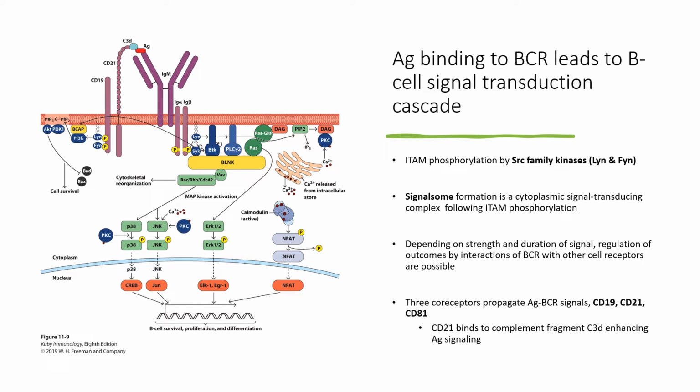It is complex. There are at least 3 families of tyrosine kinases that are involved in these processes: the SRC family kinases, the SYK family kinases, and the TEC kinases. I am not going to worry about you memorizing any of those in particular. I want you to basically have a basic understanding that we start here. There's our membrane-bound IgM. It has recognized antigen.